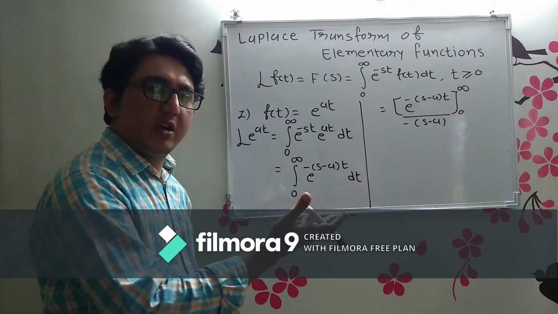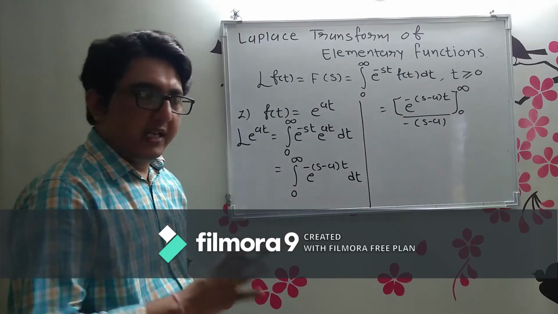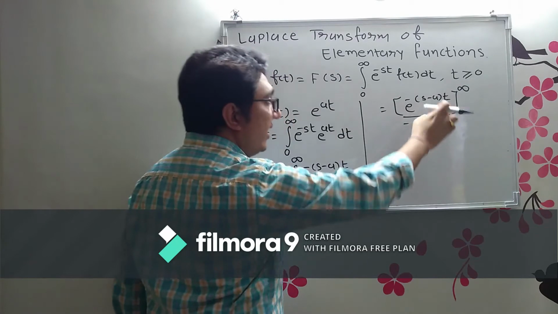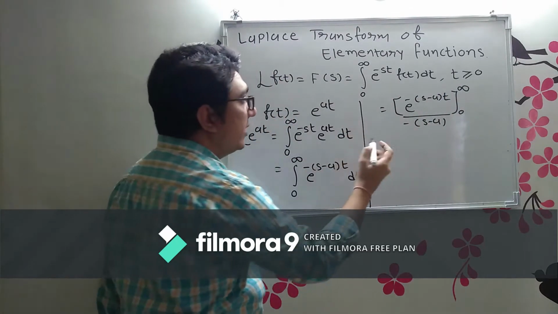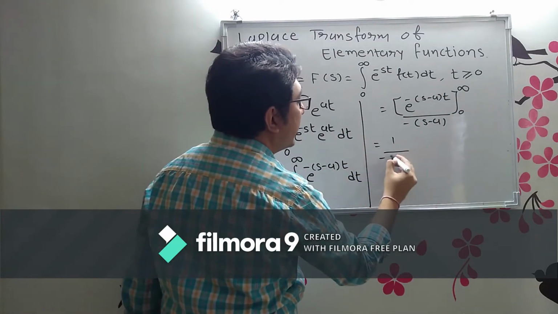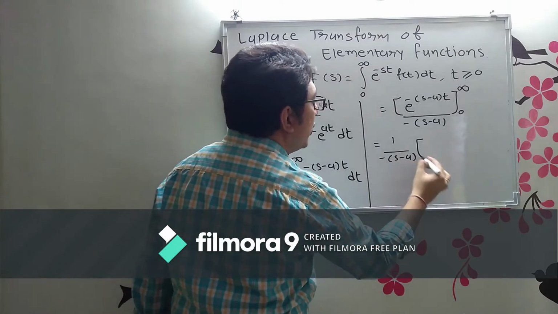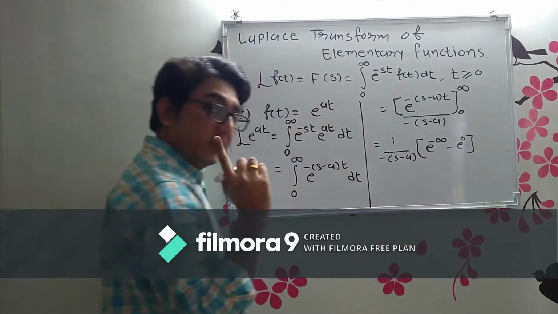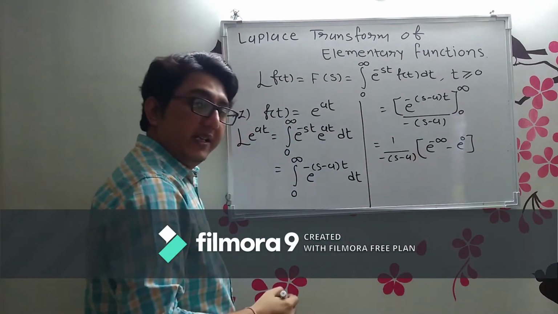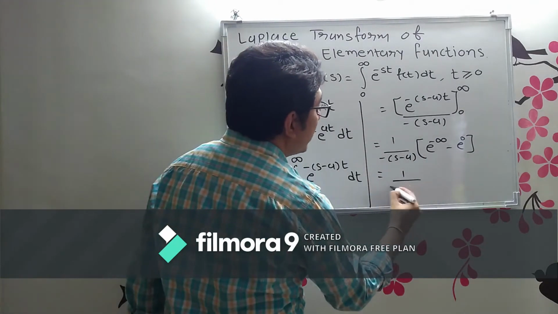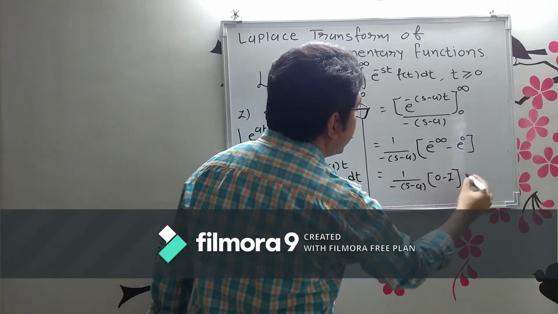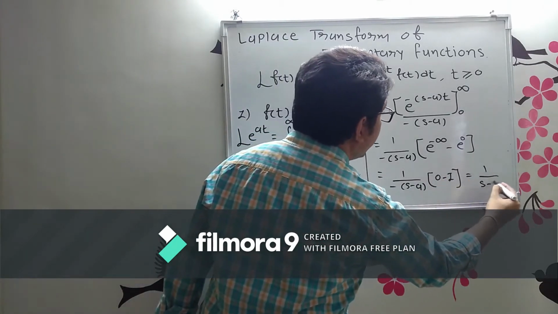Now once again the procedure of substituting the limit is the same as the previous example. Take t as infinity for the upper limit, and t equal to 0 as the lower limit. So you can write 1 upon minus (s minus a) into the bracket e raised to minus infinity minus e raised to 0. According to the previous concept, e raised to minus infinity is 0 and e raised to 0 is 1. So the final answer is 1 upon s minus a.